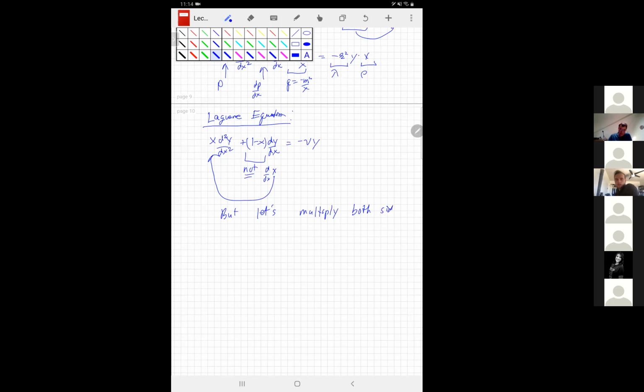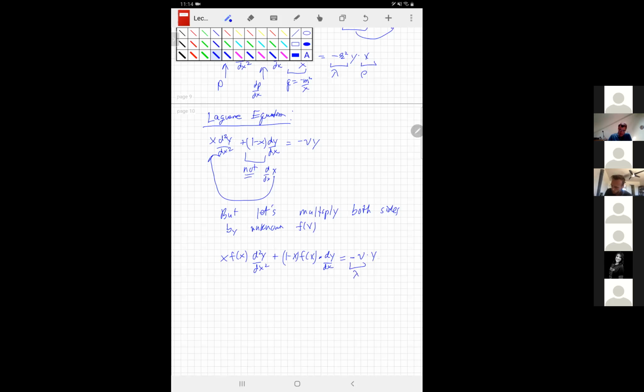But let's multiply both sides by some unknown f of x. x f of x times the second derivative of y plus 1 minus x f of x times our first derivative of y equals minus nu times y.